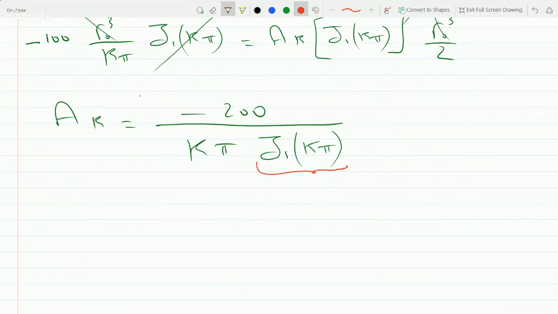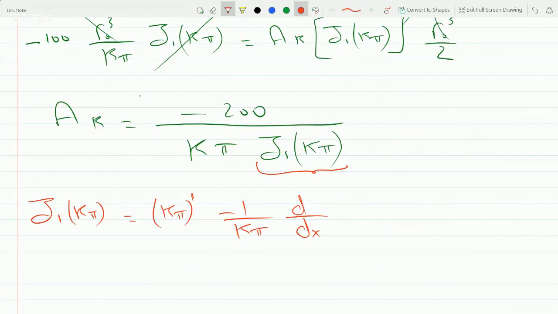So j1 of k pi, so x is k pi in that equation, is equal to k pi to the 1, n is 1, or p is 1, depending on which book you're looking at, so minus 1 over k pi d over dx to the 1, so that's the first derivative, of sine x over x.